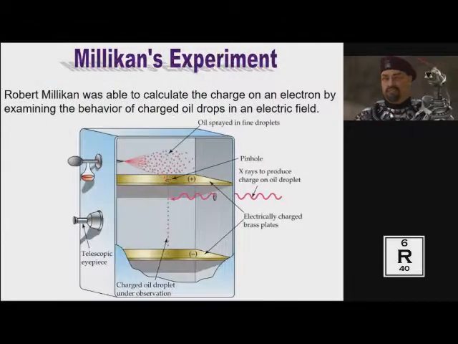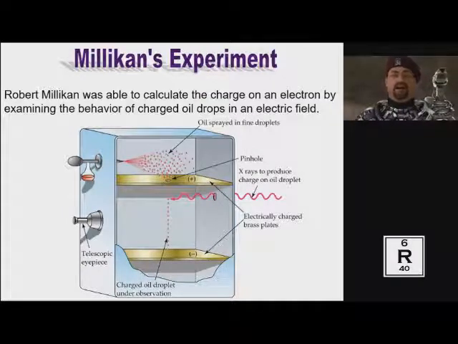All right. So the next important breakthrough here in chemistry is that Robert Millikan was able to calculate the charge of an electron by examining the behavior of charged oil droplets in an electric field.